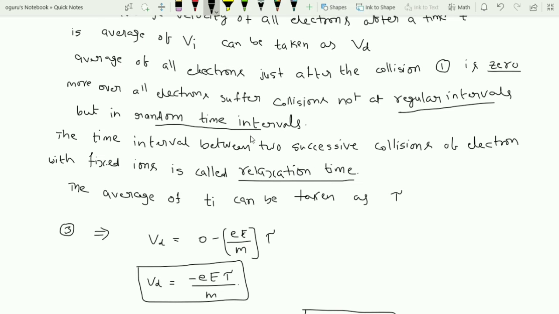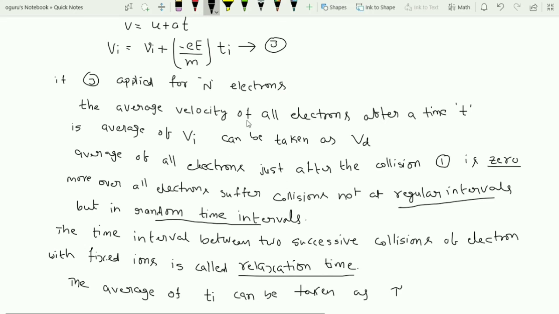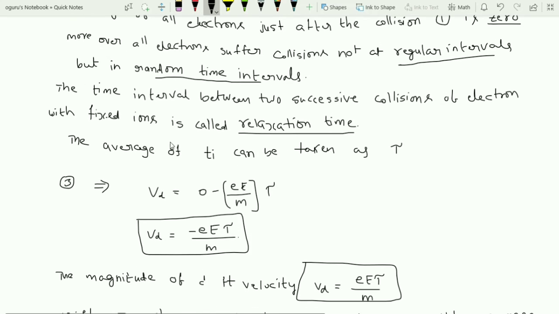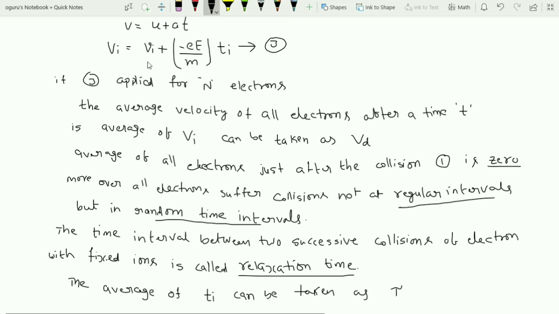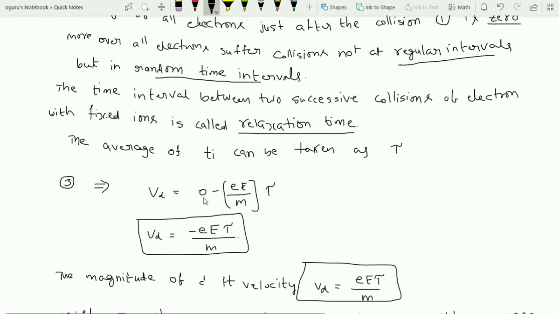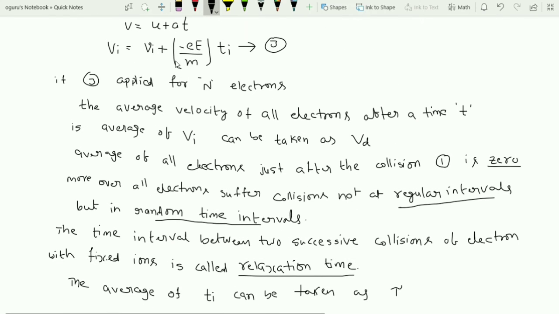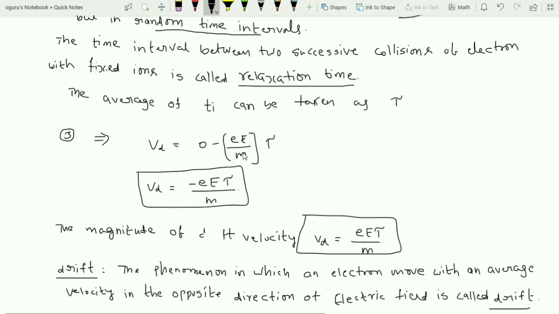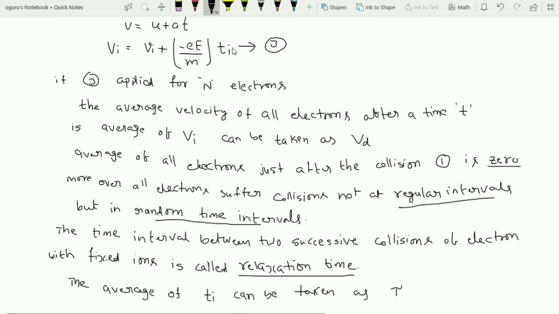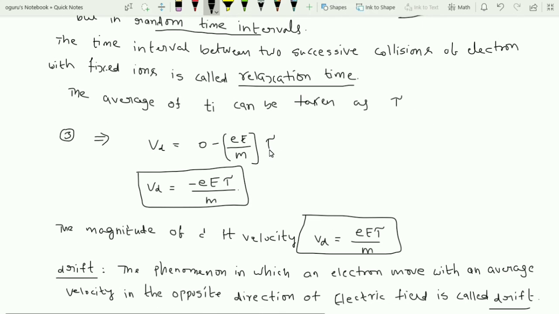By substituting all the average values in equation number 3 for n number of electrons, the average of capital Vi can be taken as the drift velocity, which is equal to the average of all small vi just after the collision, that is 0, plus the acceleration, as I have written, minus e capital E by m, times the average of Ti, which is the relaxation time.